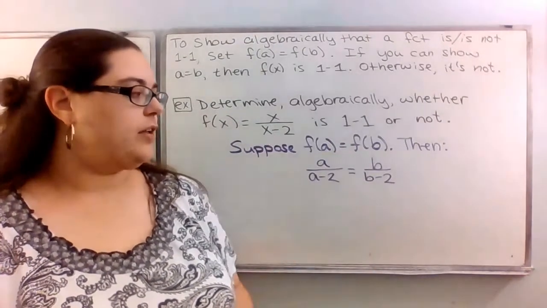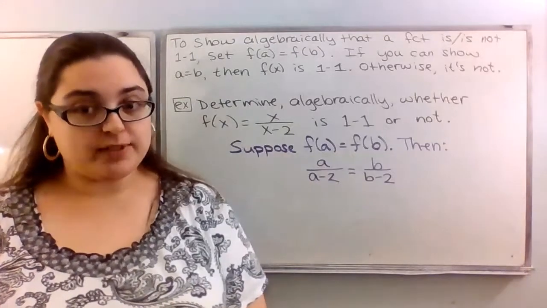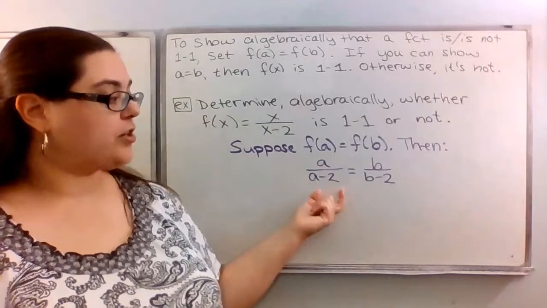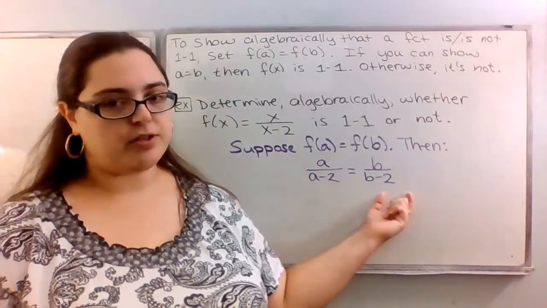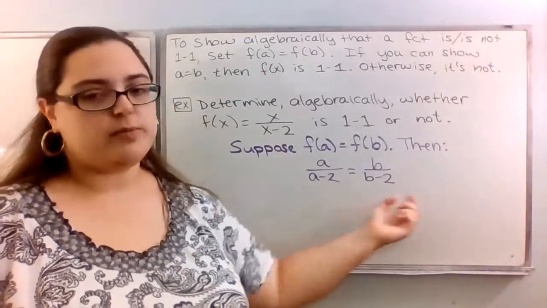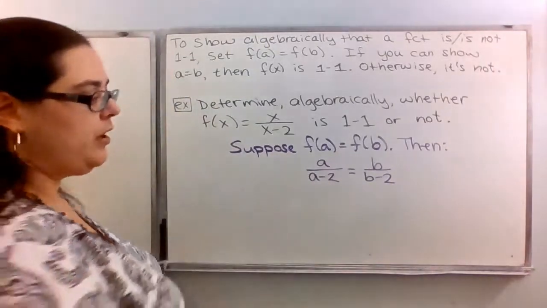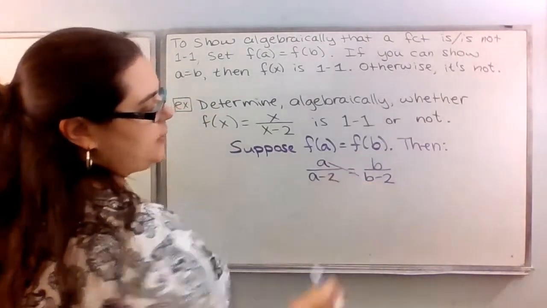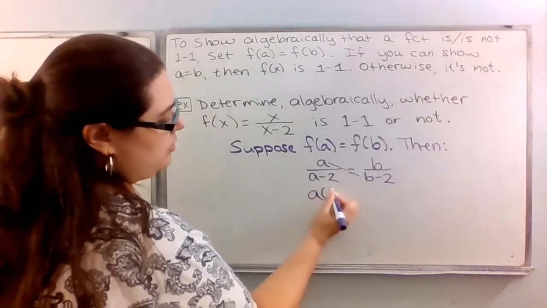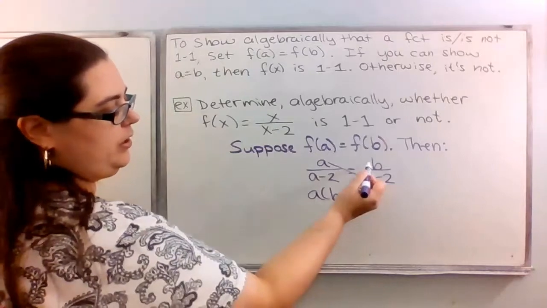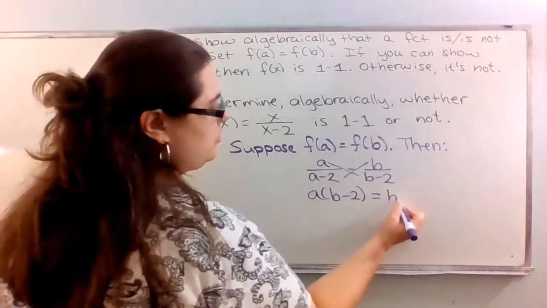So you can do that either by multiplying both sides by the common denominator, or in this case, because we have a rational expression equal to another rational expression, we can use cross multiplication over the equal sign. So that's what I'm going to do. So I'm going to multiply a times b minus 2. And that's going to equal b times a minus 2.